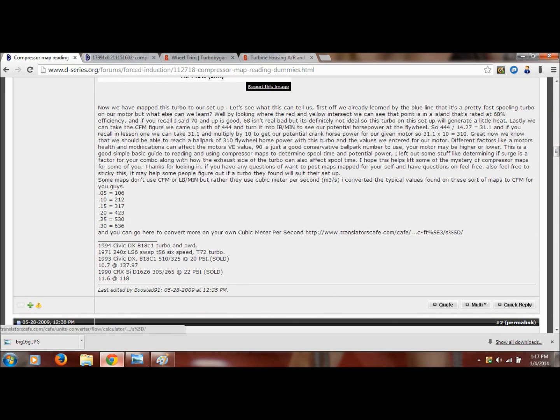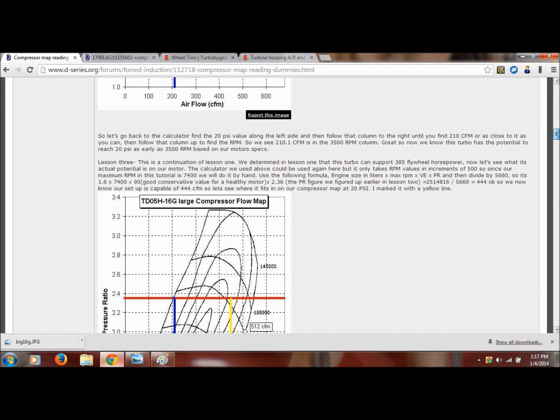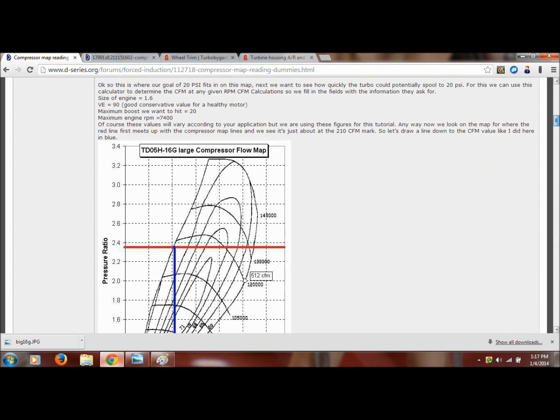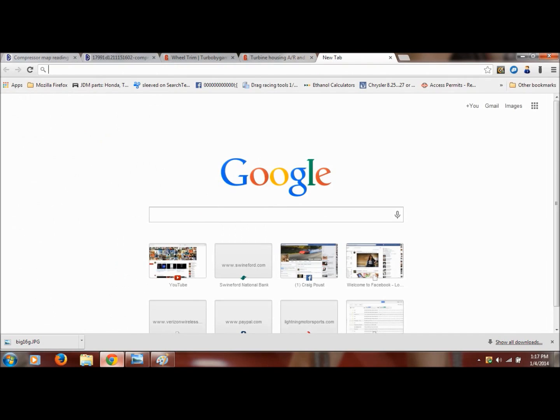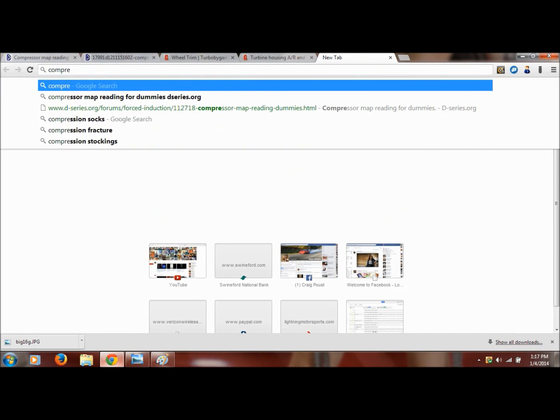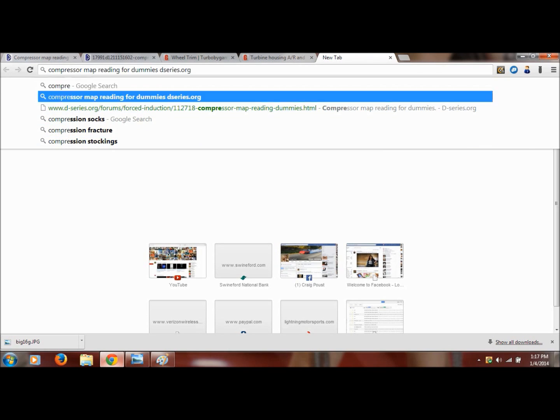Okay. There's a calculator here for converting your own cubic meters per second to CFM, but obviously this website is not letting us use the other calculator. So let's go to the other one. Basically you can just Google compressor map reading for dummies.